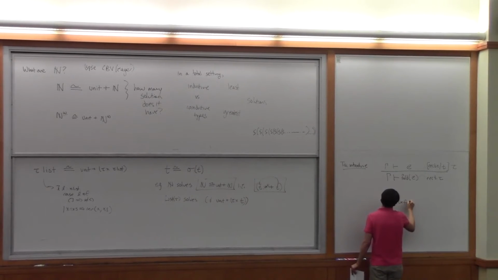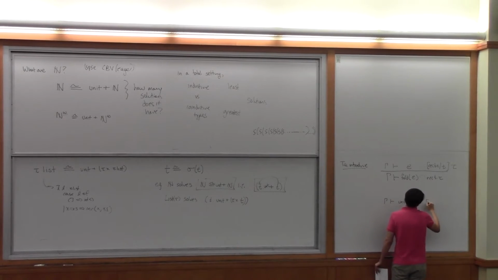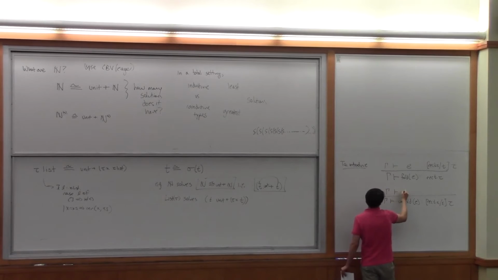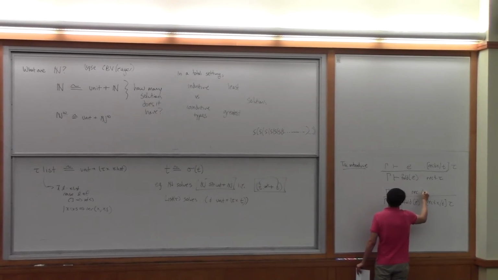So the other side of it will be unfold, and unfold of E will have type tau with rec t dot tau plugged in for t, when E has type rec t dot tau.